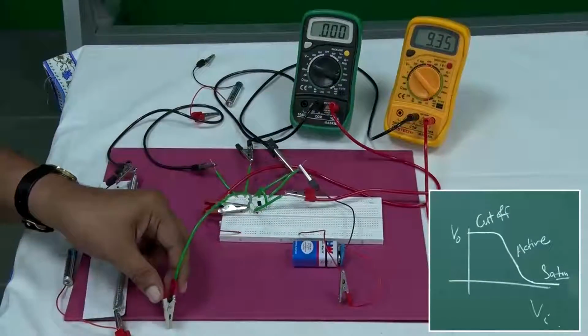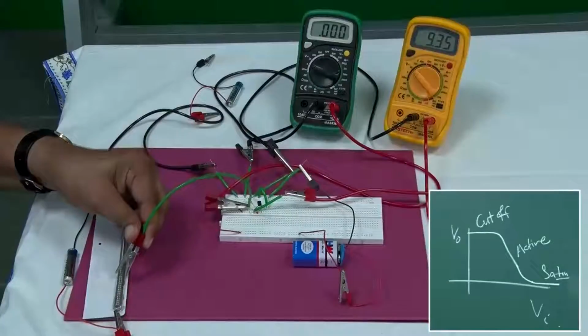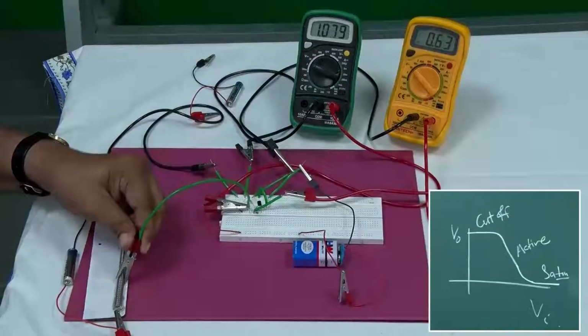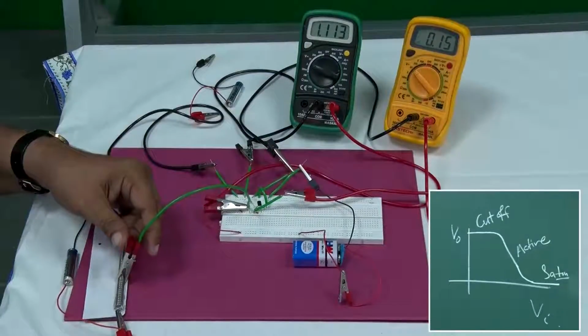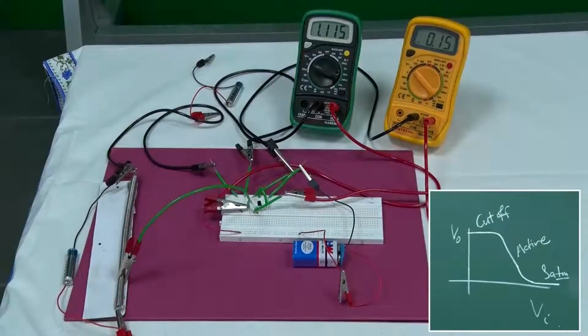Now let me increase the base voltage sufficiently, and let us see if we can go into the saturation region. Here you see the input voltage VI is 1.113 and the output voltage has dropped to 0.15, right.